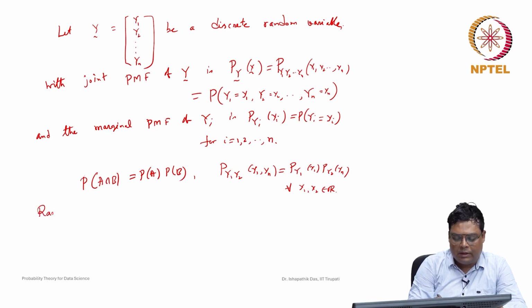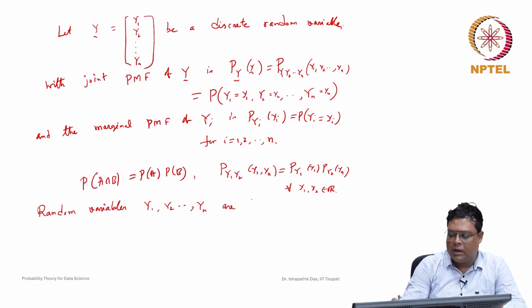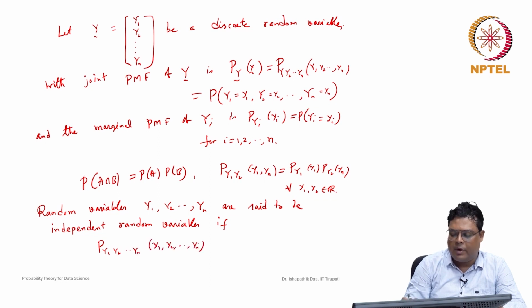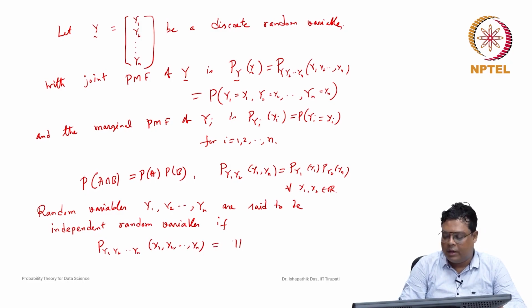The random variables Y1, Y2, Yn are said to be independent random variables if the joint probability mass function P of Y1, Y2, Yn can be represented as the product, i equal to 1 to n of P of Yi.